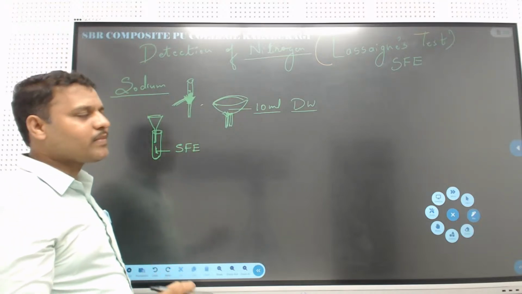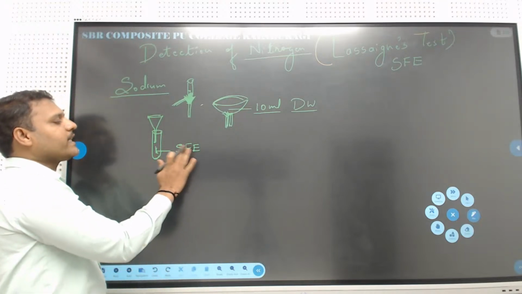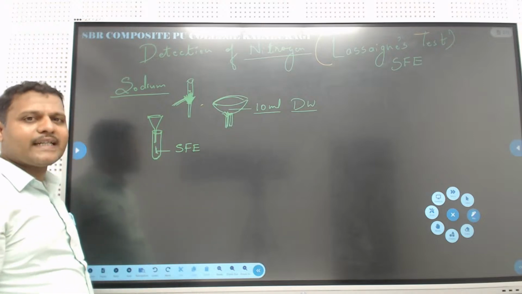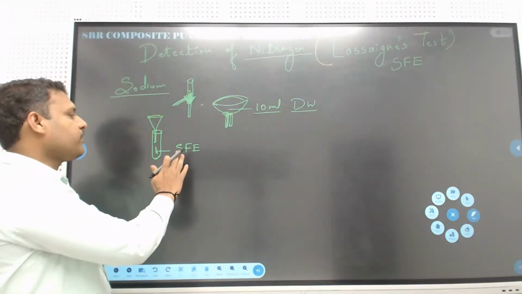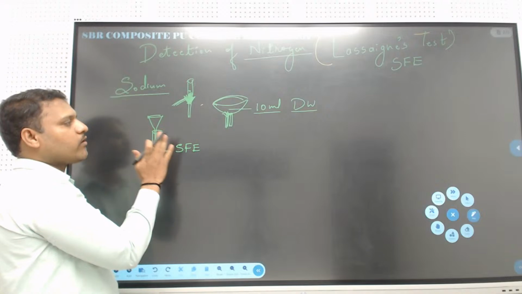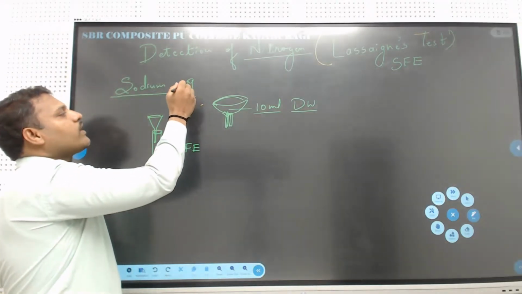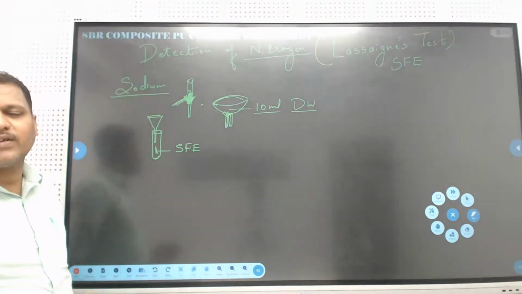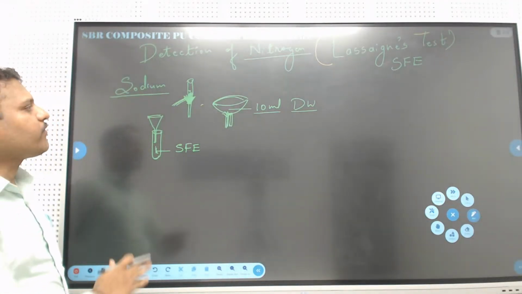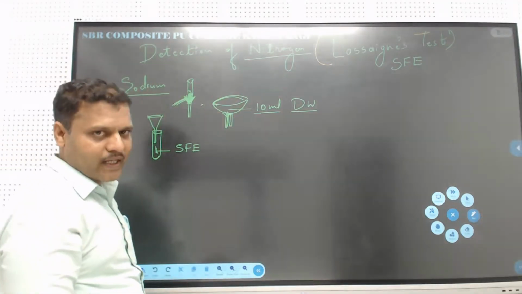The point we should remember is that this sodium fusion extract must be completely colorless. If there is any colored precipitate or something else, then we should come to the conclusion that the organic compound has not fused completely with the sodium metal, and we have to repeat the whole process once again.